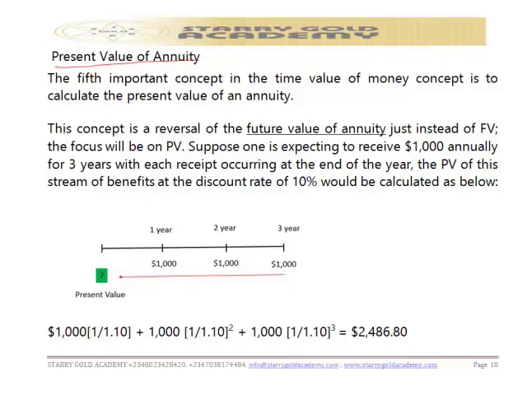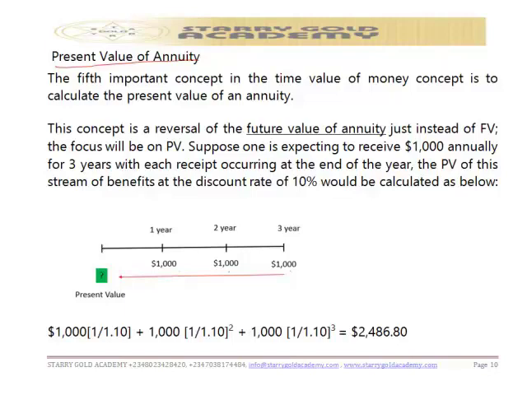Suppose one is expecting to receive 1,000 annually for 3 years, with each receipt occurring at the end of the period. The present value of this stream of benefit at the discount rate is to be calculated as thus. Look at this chart: first year, second year, third year.